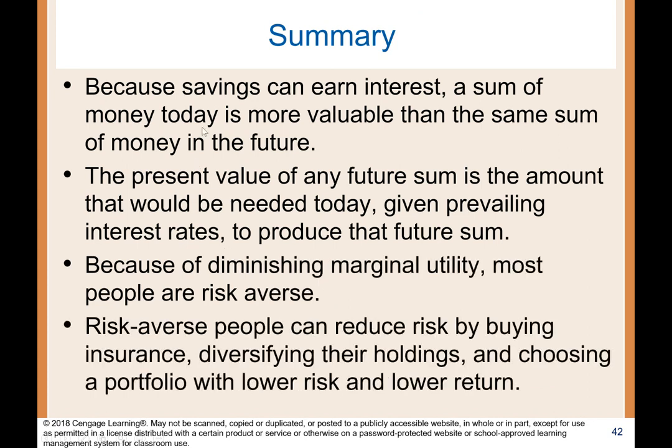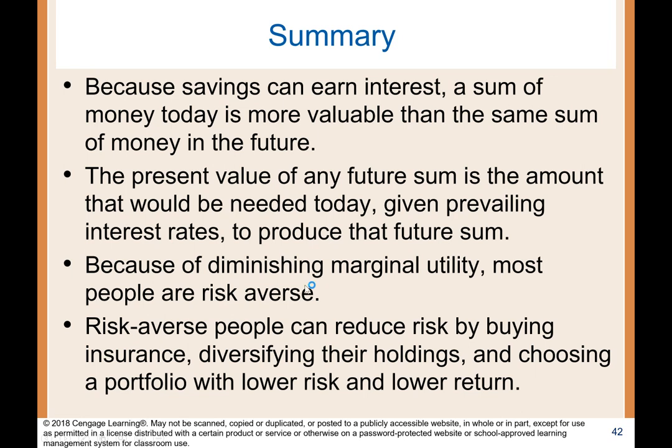Summary. Because savings can earn interest, a sum of money today is more valuable than the sum of money in the future. The present value of any future sum is the amount that would be needed today, given prevailing interest rates, to produce that future sum.